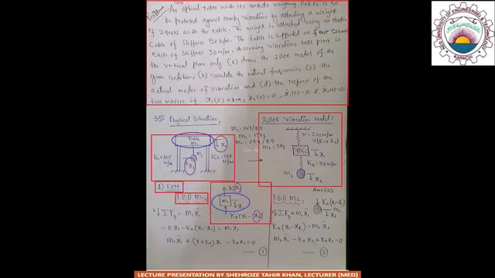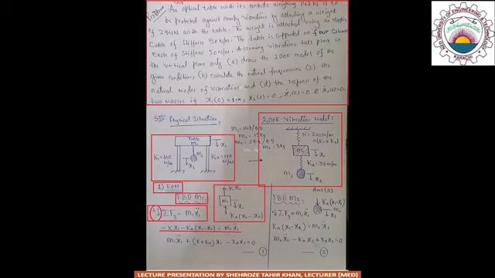Therefore, by applying the conditions of equilibrium on mass m1, we get summation Fy is equal to m1 x1 double dot. Here we are taking all the downward forces from top to bottom as positive forces.